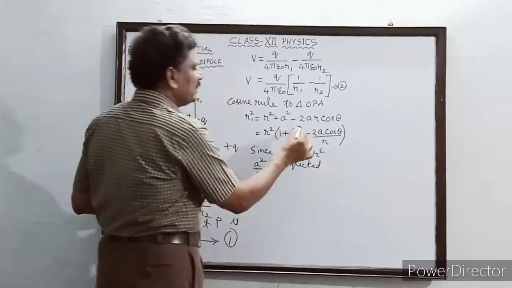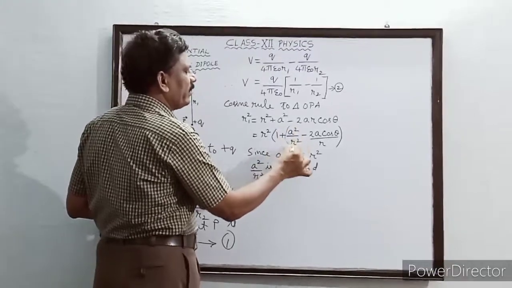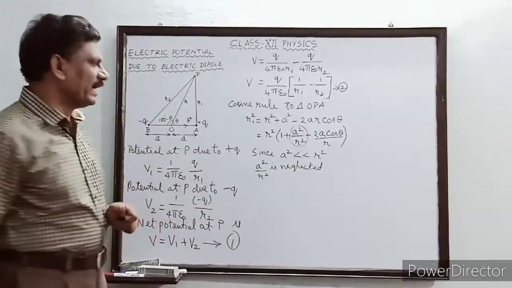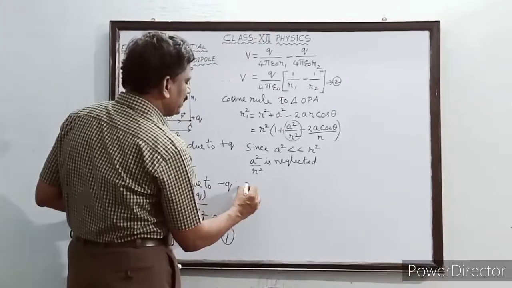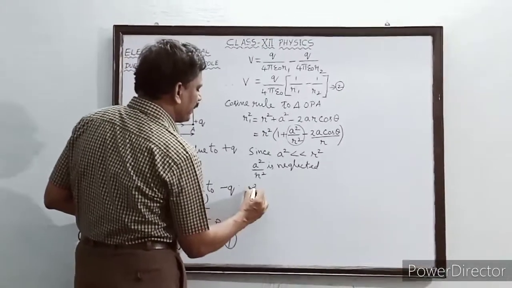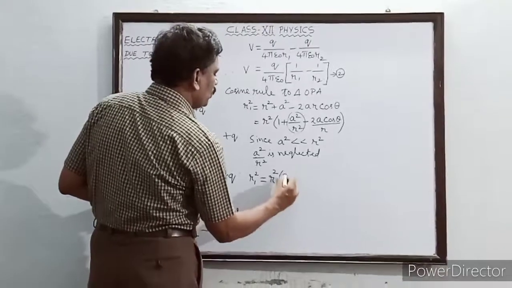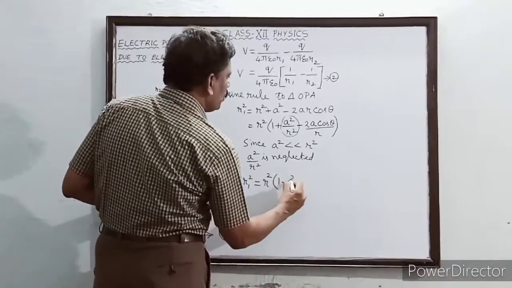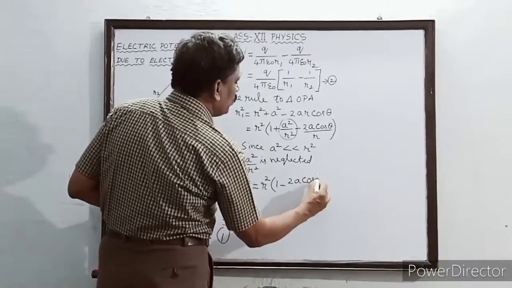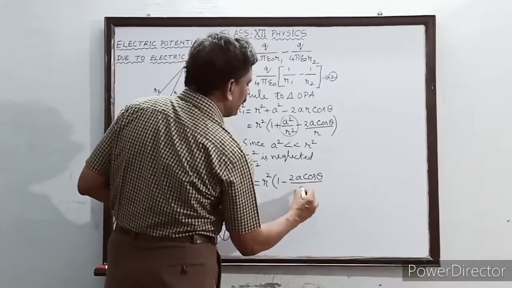Therefore, the remaining step is R1 square equal to R square into 1 minus 2A cos theta divided by R.